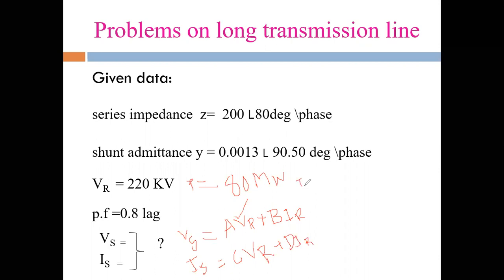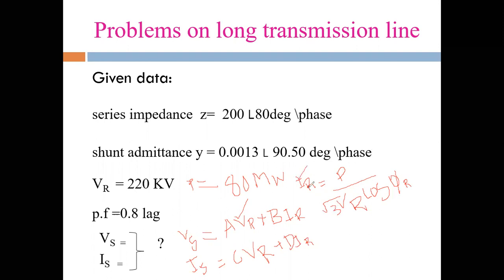We already know the formula for power, that is P equal to VR IR cos phi R. By using that power, we calculate the receiving end current, that is IR is equal to P by VR cos phi R. When we are taking three phase, we consider √3 into VR cos phi R. Here the power is 80 megawatts by √3 into VR, which is 220 kilovolts, and cos phi R is equal to 0.8 power factor.